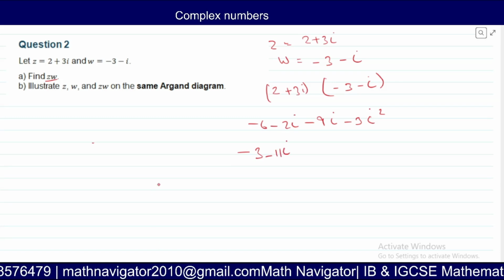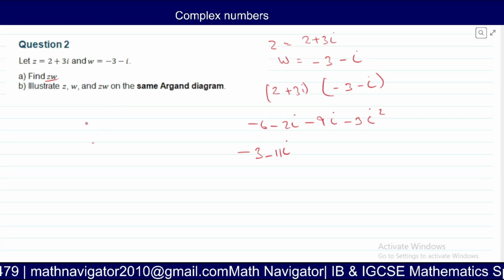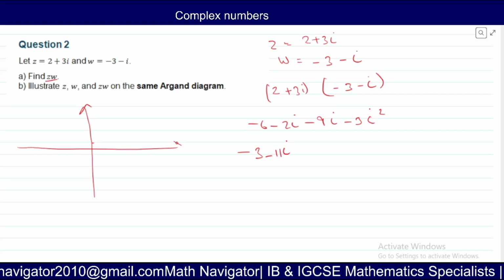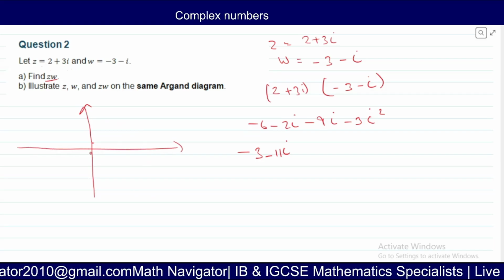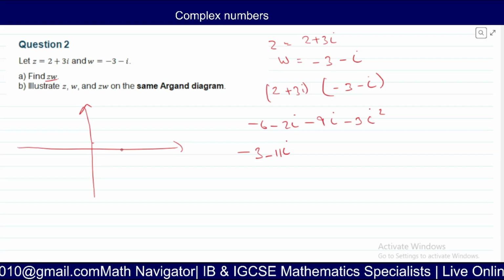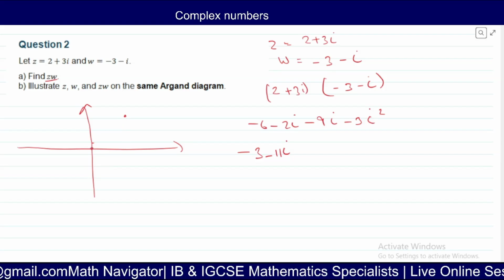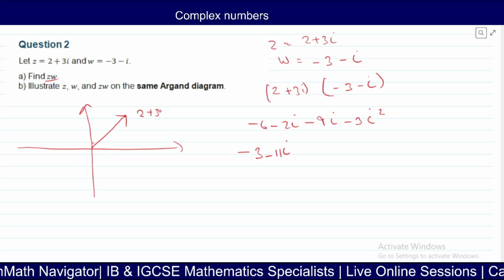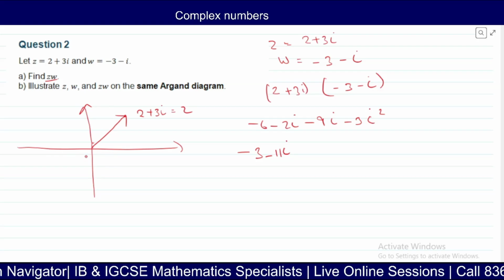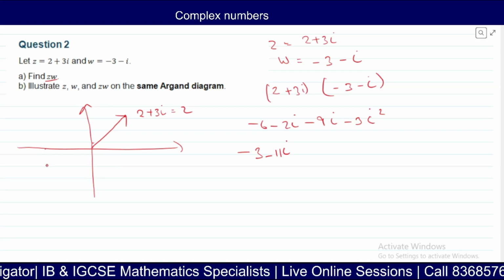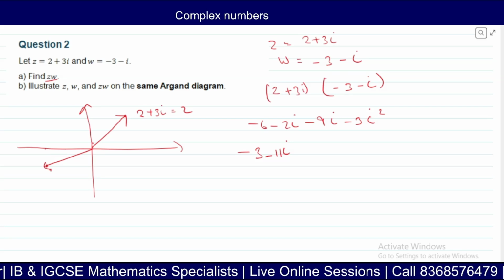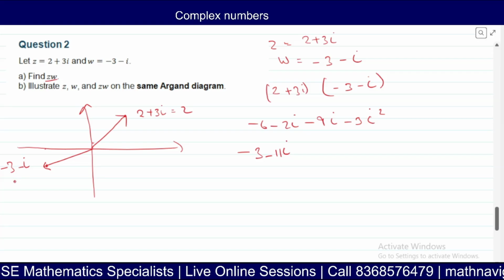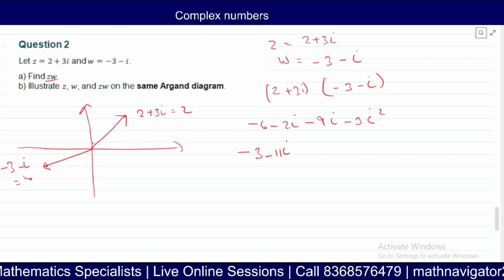So plus 3, so negative 3, negative 11i. Got it? If you want to represent all three in the Argand diagram, again it is very simple. First we'll represent z is equal to 2 plus 3i. So 2 plus 3i, this is my z. Then minus 3 minus i: 1, 2, 3, minus i, which is w.